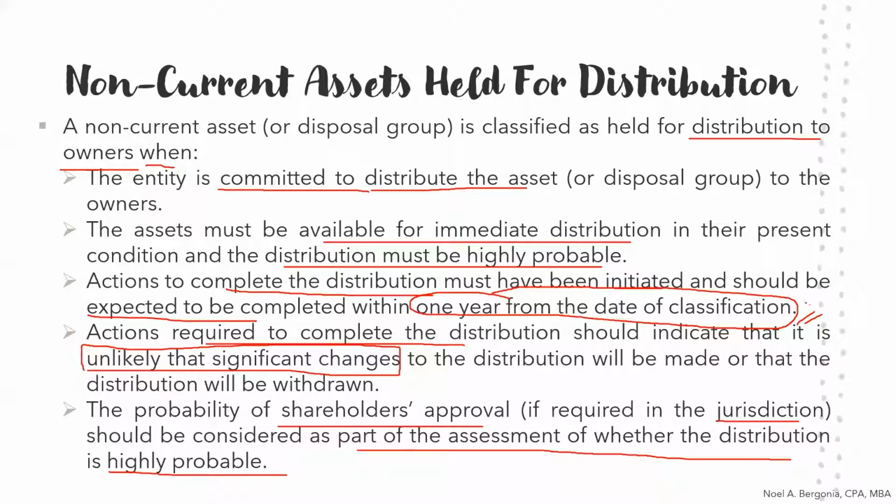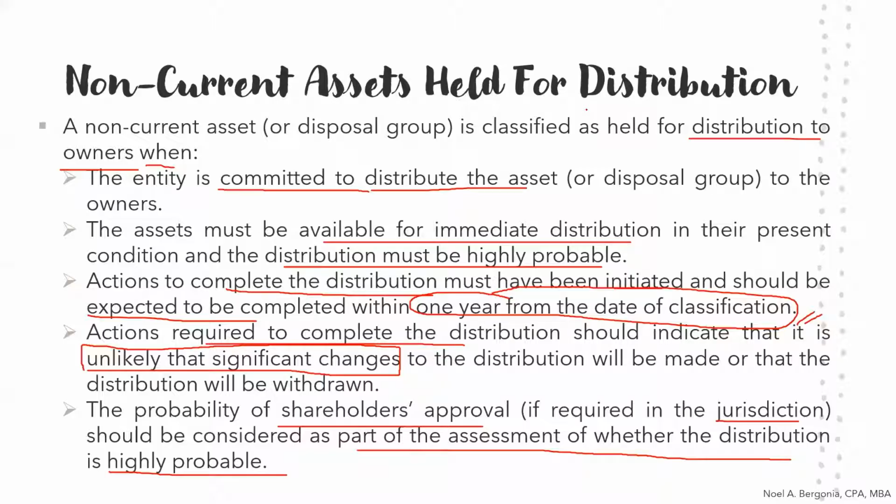By the way, the extension mentioned earlier also applies here on distribution. But most of the time, based on experience and looking into financial statements, the distribution is usually made within 1 year, unless there are, again, fortuitous events beyond the control of the entity.